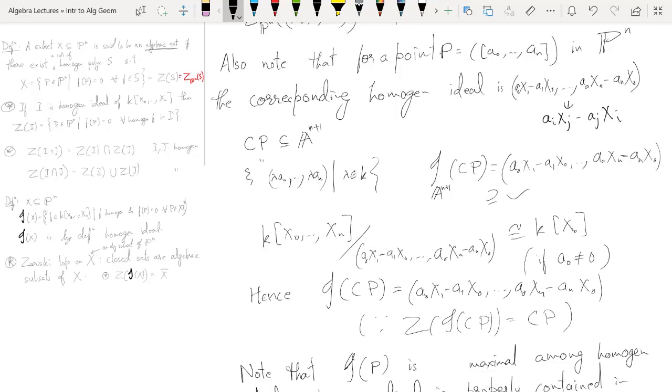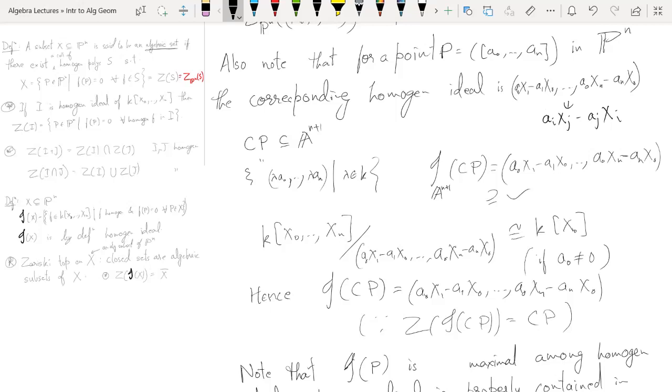So remember we also talked about the cone. So if X is some algebraic subset of Pn, then we can look at the cone over that algebraic set, C(X), which is basically, you think of, yeah, you basically consider its pre-image in A^(n+1).